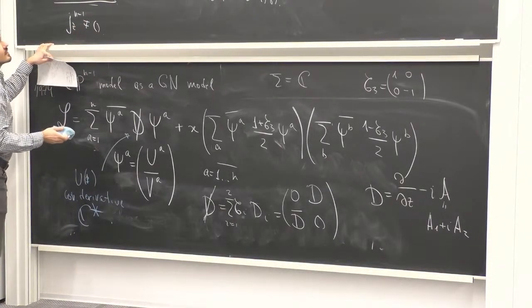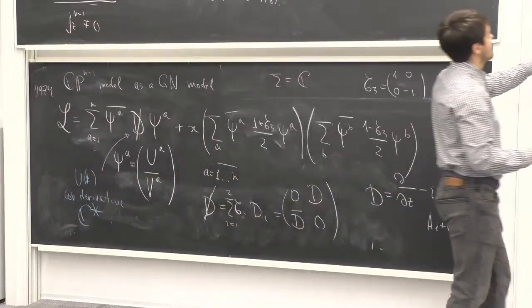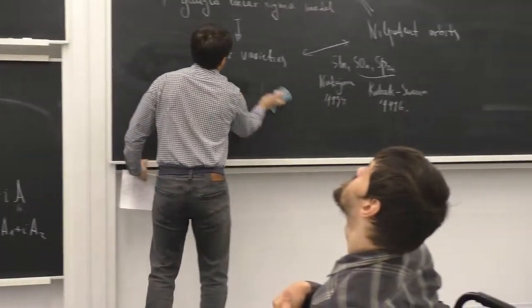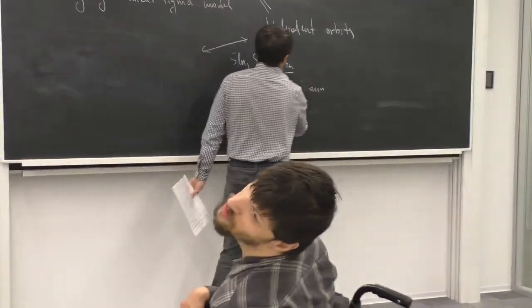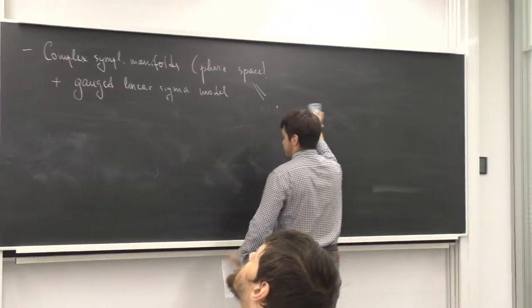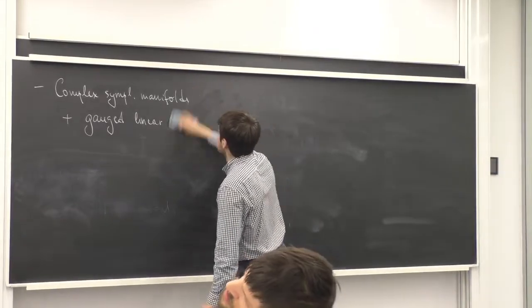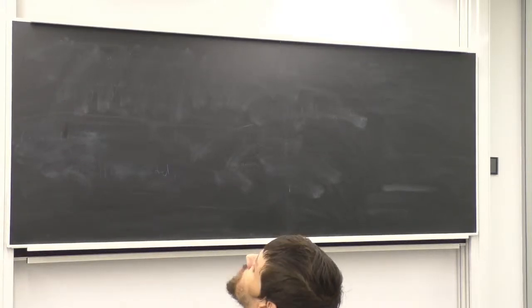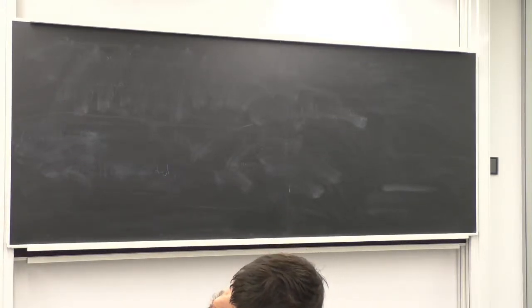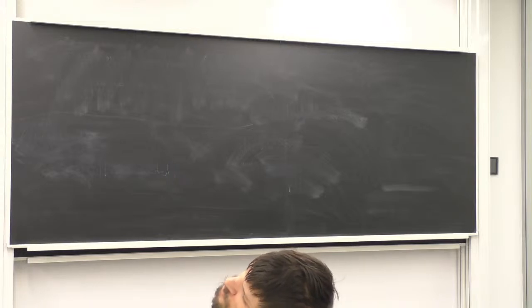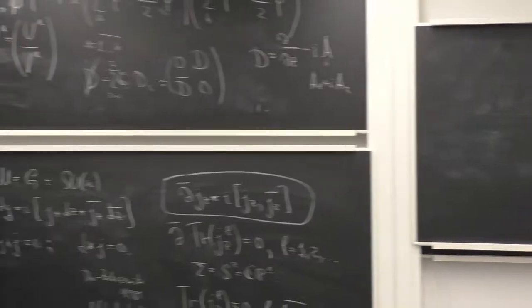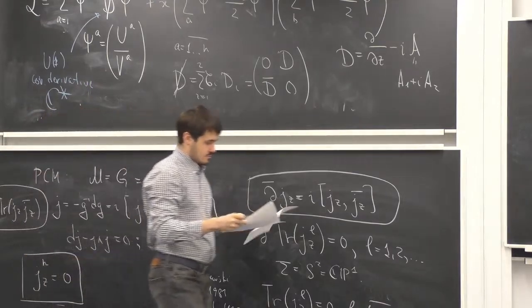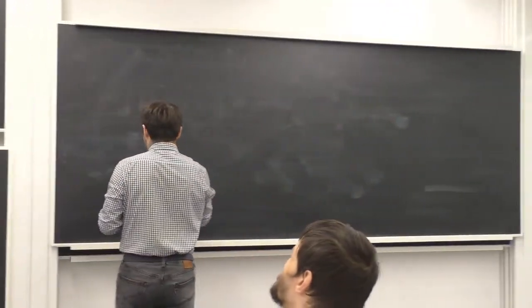Let's see why that's the case. So now let's just write this Lagrangian in these u and v variables. So now it has the following form.